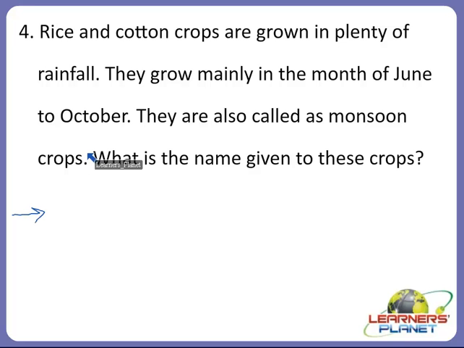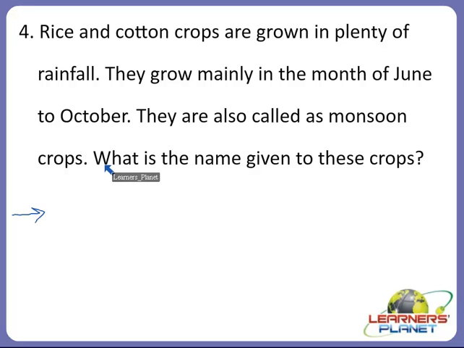So children, what is the name given to these crops? I will give you a hint children. These are sown in the rainy season and they are also called the autumn harvest. The crops grown in this season are called the autumn harvest. Right?